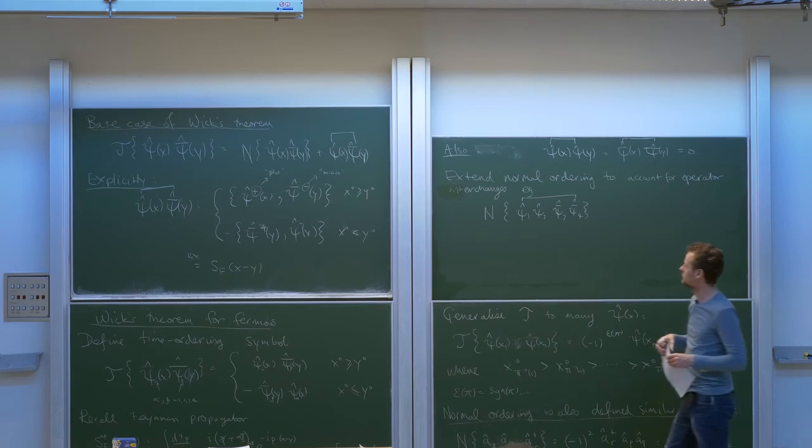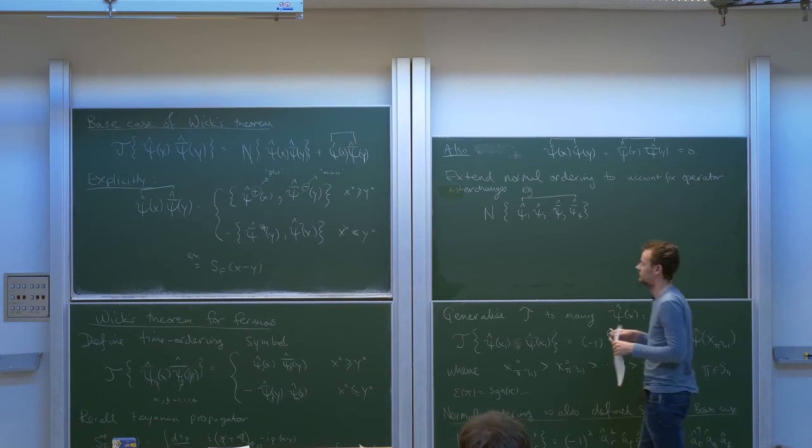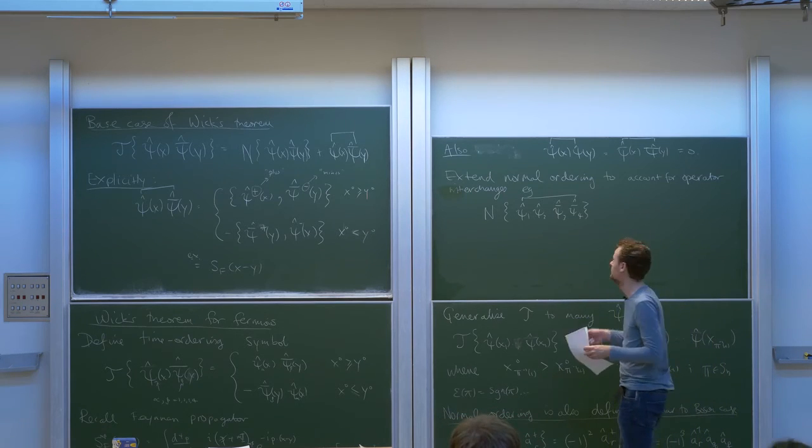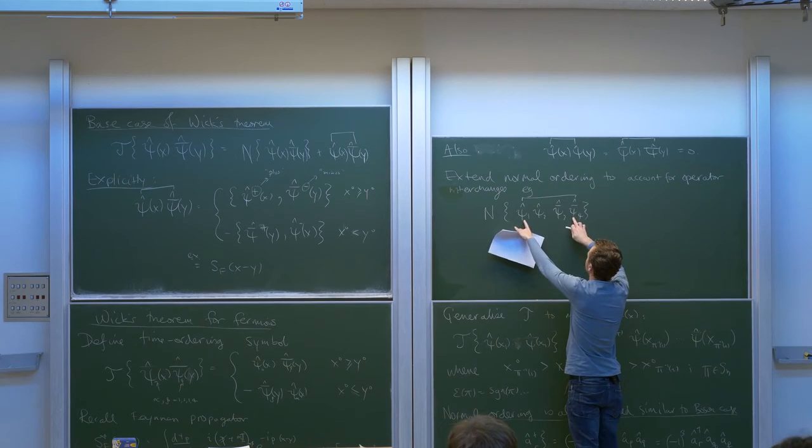So this is the kind of term that is going to occur in Wick's theorem. Remember, Wick's theorem says that time ordering is equal to normal ordering plus all contractions. So you know you're going to get terms like this if it's at all analogous in the fermion case. This is a matrix of operators. There's an alpha here and a beta here.